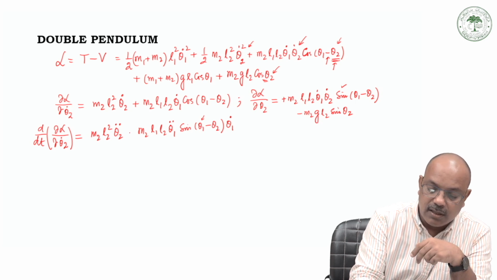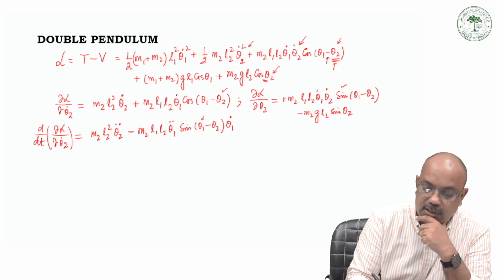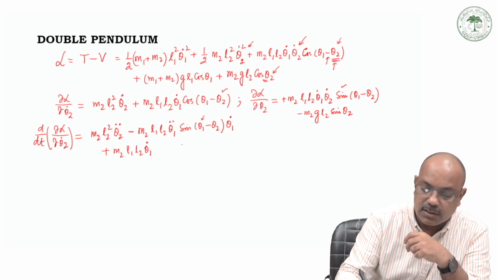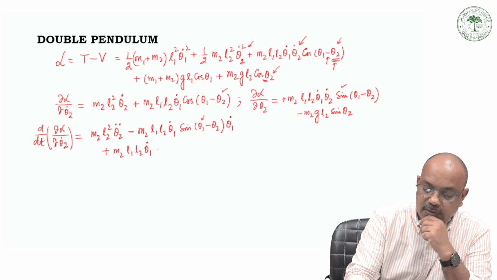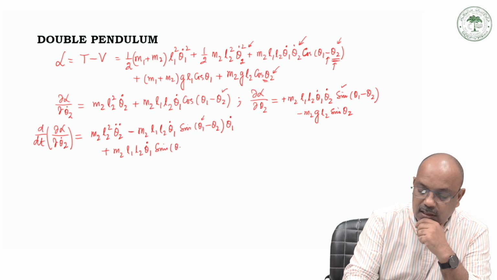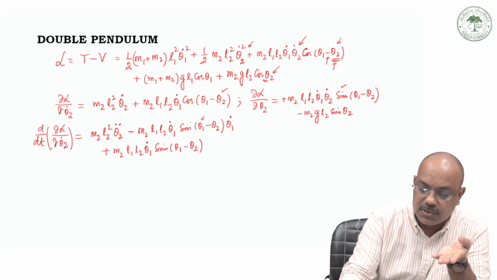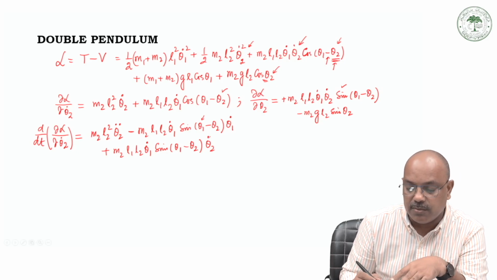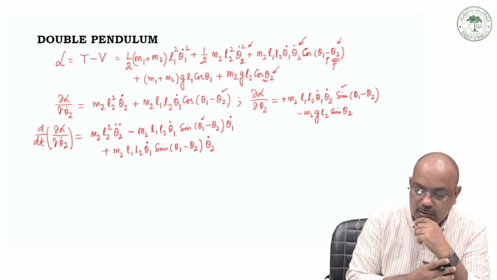The second term will be from the theta 2, so I have plus m2 L1 L2 theta 1 dot, and since cos becomes sine with the negative sign, it becomes sine(theta 1 minus theta 2), and because of the theta 2, that minus minus becomes plus, theta 2 dot.